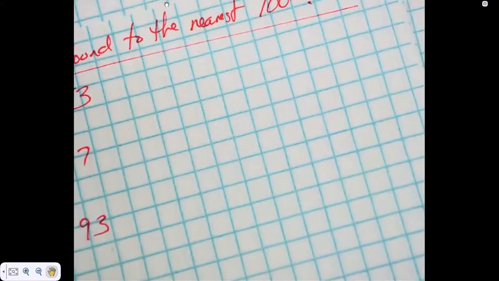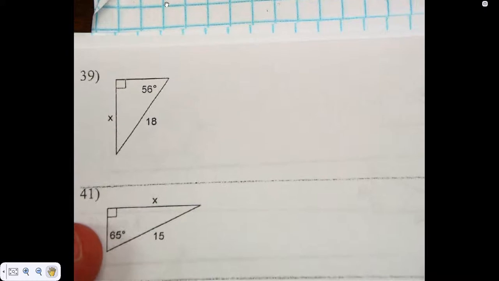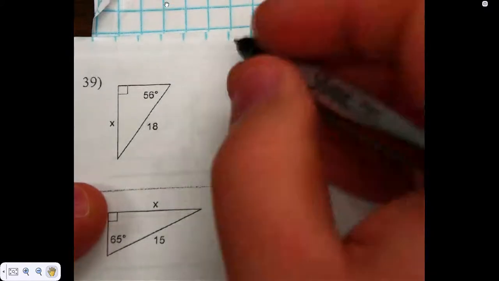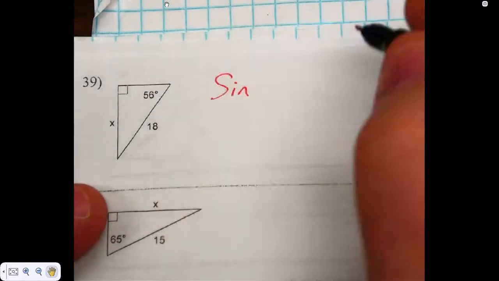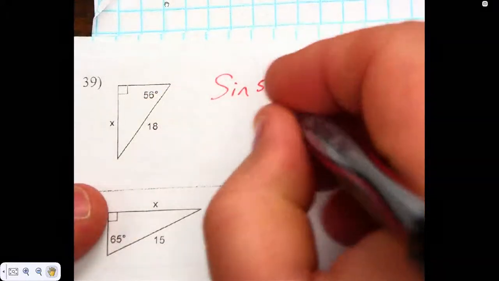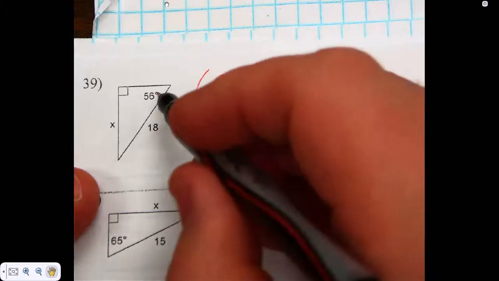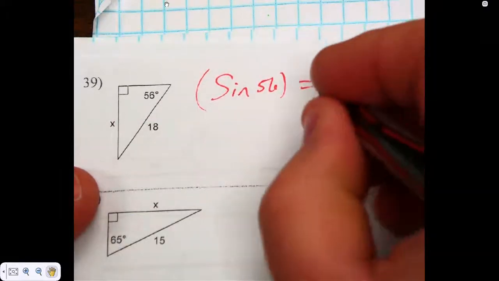One more. Okay, let's look at 39. What trig function? Sine of what? What they get is opposite. Sine of 56 is equal to what they give me, opposite, which is x, over the hypotenuse.